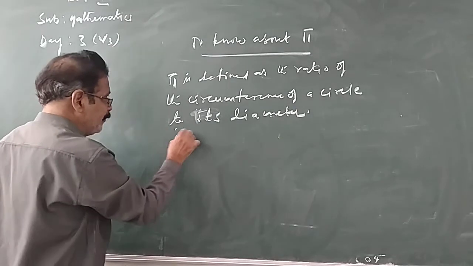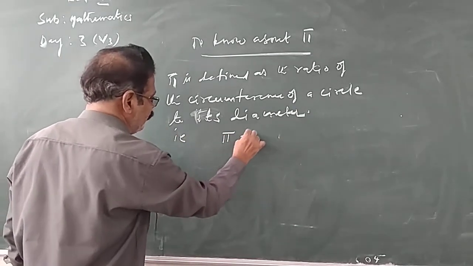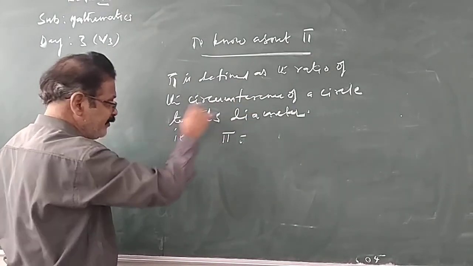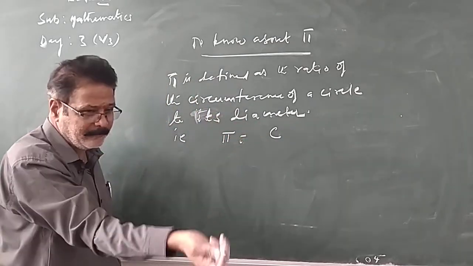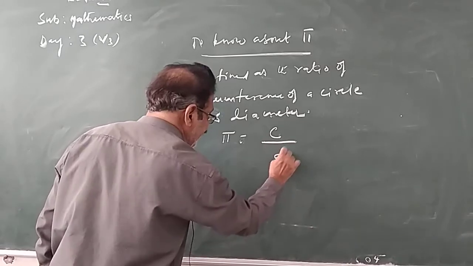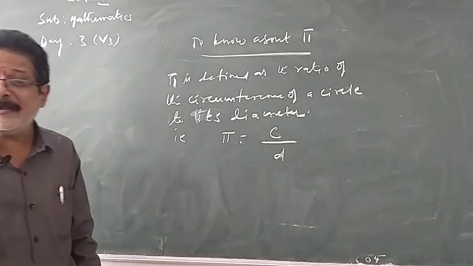That is, pi is equal to what? Pi is defined as the ratio of circumference, represented by c. Ratio means nothing but division by d, the diameter. Pi is equal to c by d.